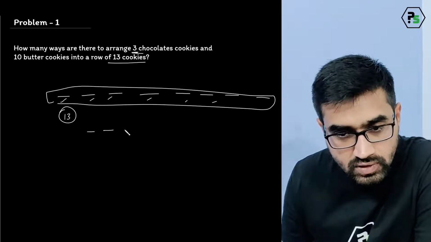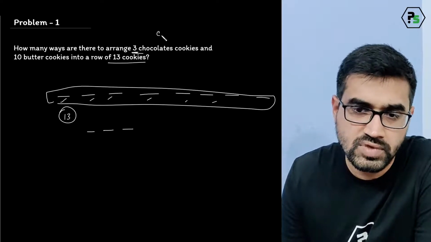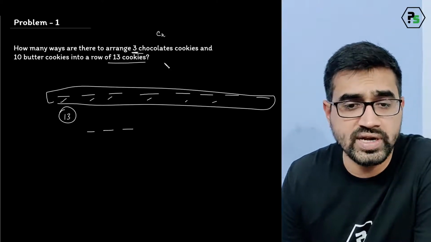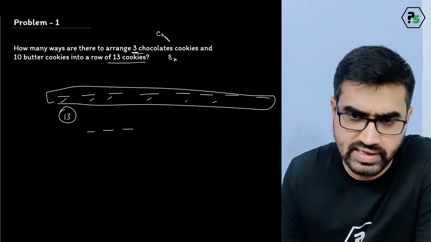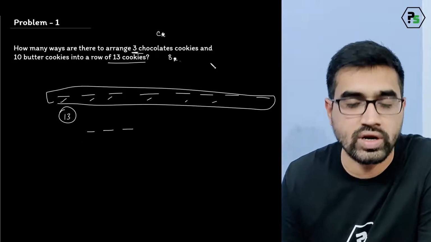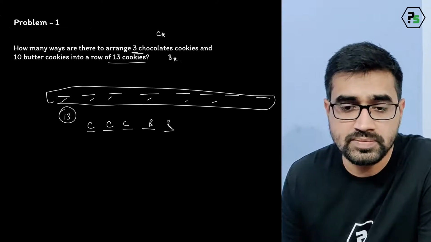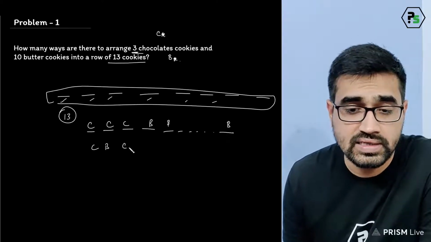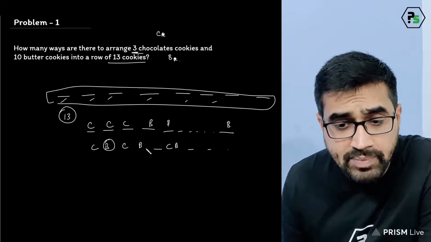Let us denote the chocolate cookies by C and the butter cookies by B. Obviously this can be CCC and BBB and so on, or it can be CBCBCB, like that, but you are restricted by the number of Bs.